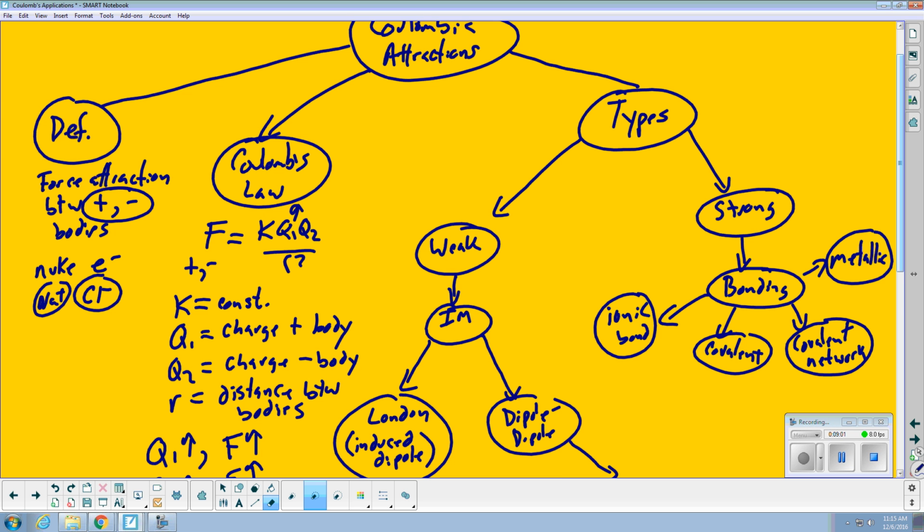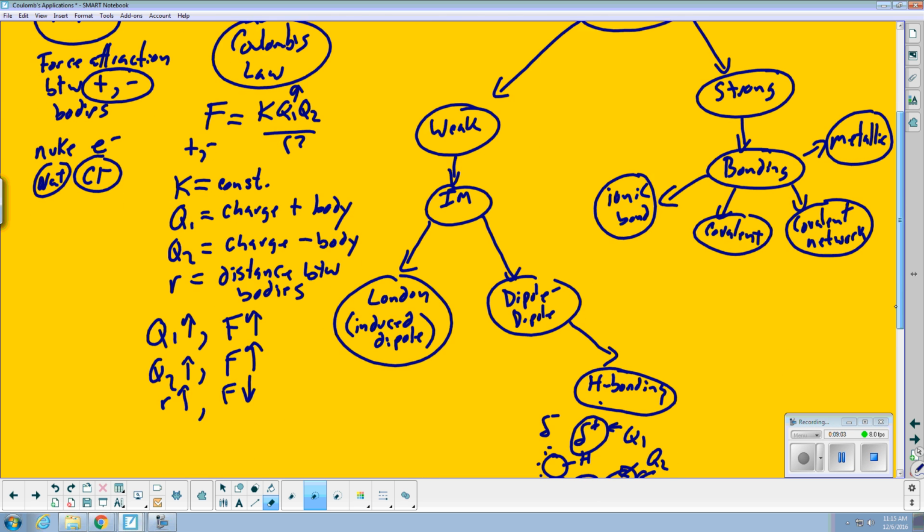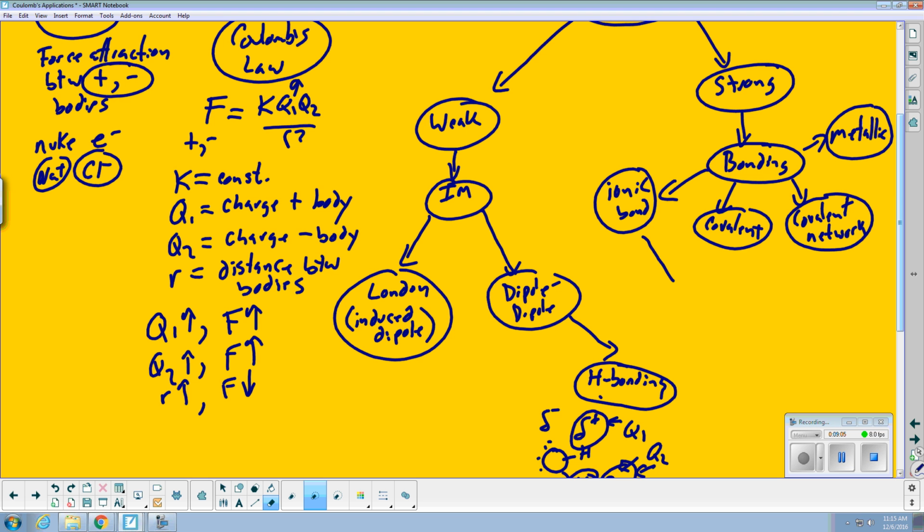Let's go back to my ionic bond, because that's the easiest one for us to see. In my ionic bond, what do I have? I have a cation, so something like a sodium cation, and it is attracted to a negative anion, right?